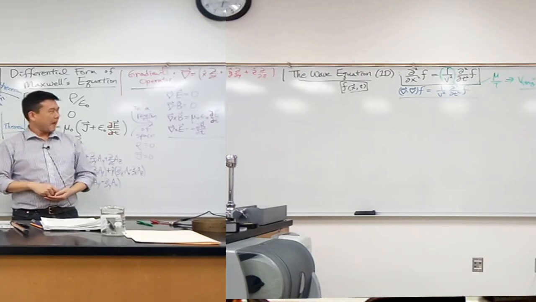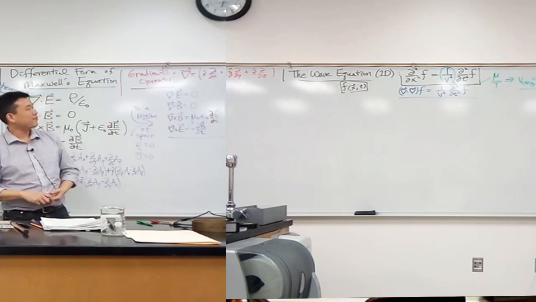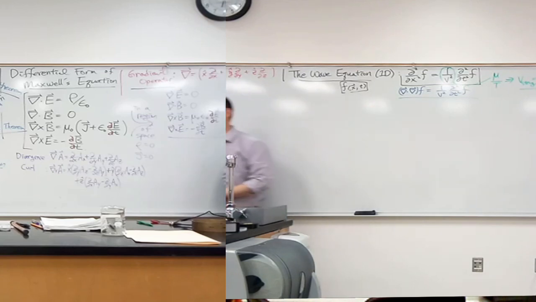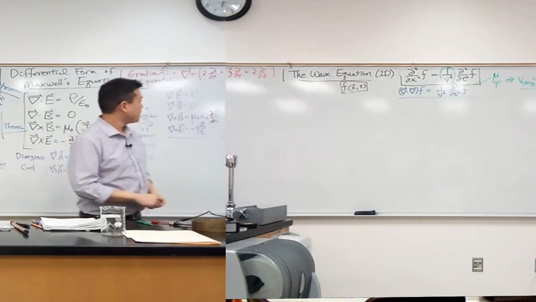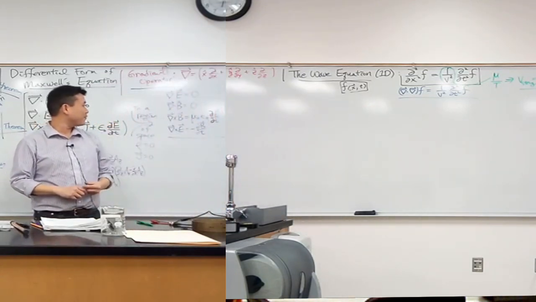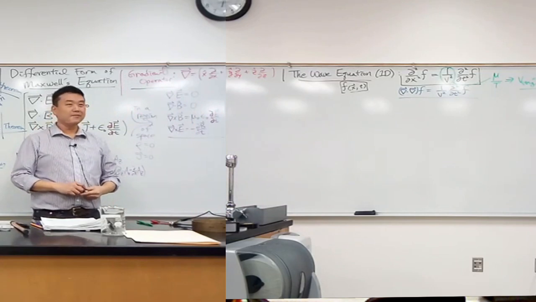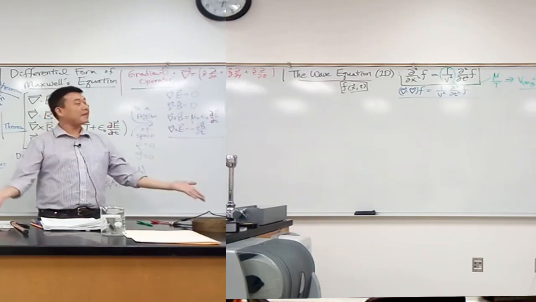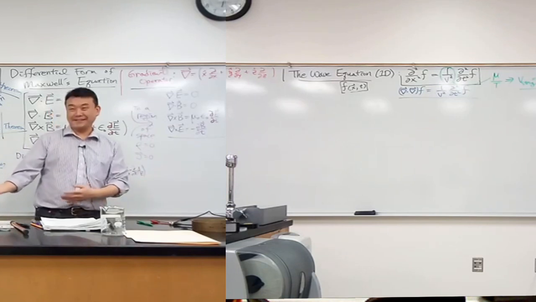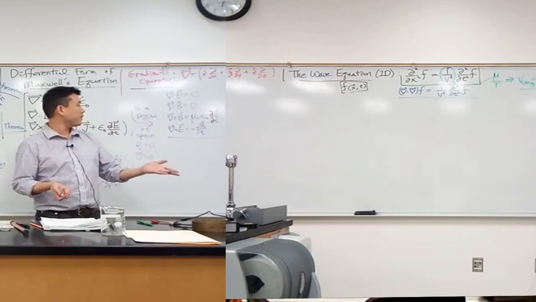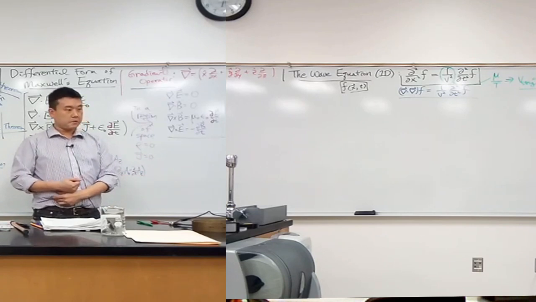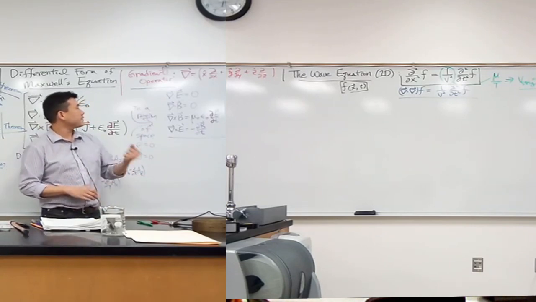I don't really want to deal with the whole three-dimensional thing, because that requires me to remember the triple product and a bunch of stuff that I frankly forget. Unless I review it, I'm not going to remember it. So I just want to deal with as few dimensions as possible.